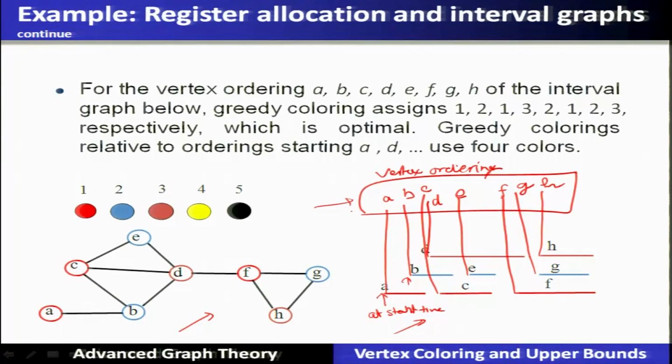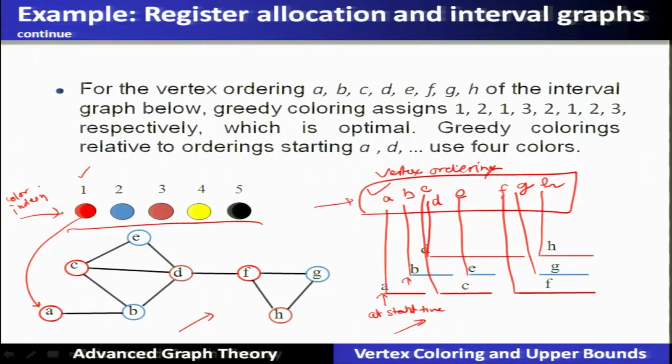Having got this vertex ordering, now we will see the indexing of the colors. This is the color indexing. Now we apply the greedy coloring algorithm. Here vertex A is not yet colored, so the smallest index color not used by its neighbors is 1, so A is colored 1.